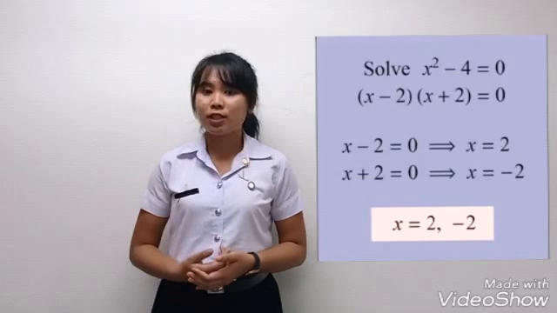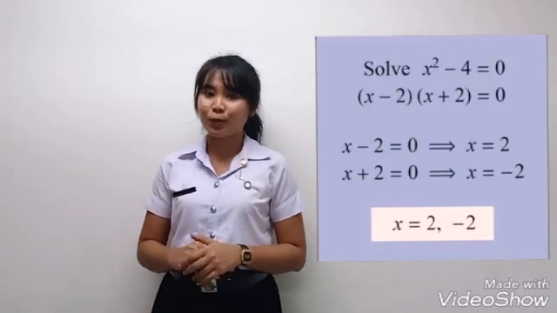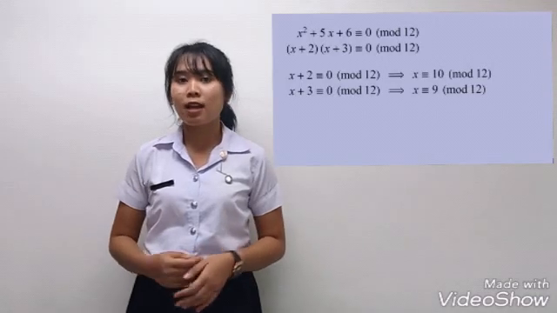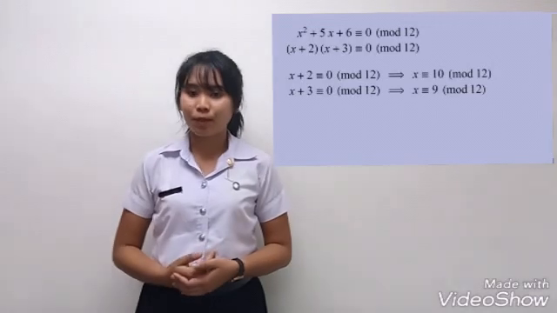In abstract algebra, this is not always true. Let's see an example where this technique of solving equation does not work. We will solve the equation x squared plus 5x plus 6 equal to 0.